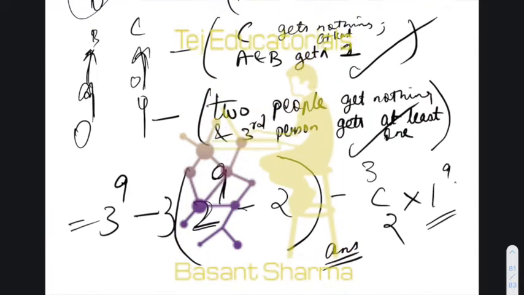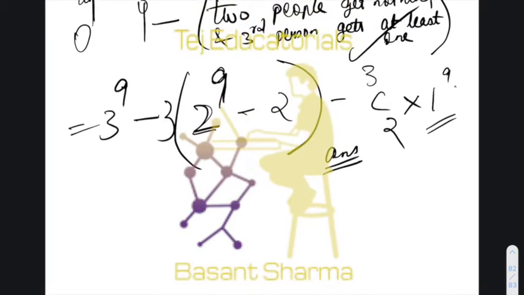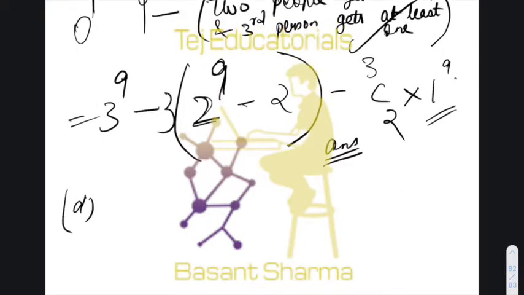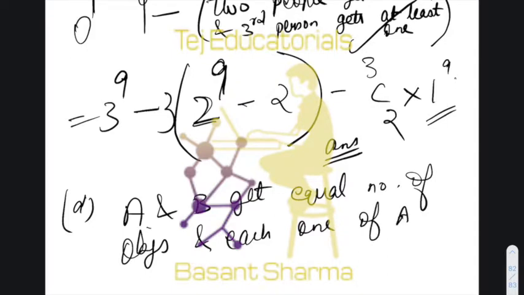All right, then the next part is: A and B get equal number of objects and each one of A, B, C gets at least 1.